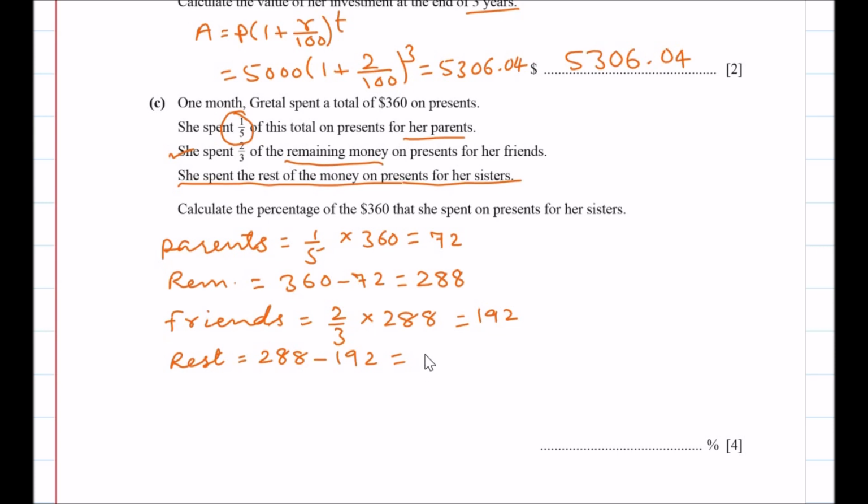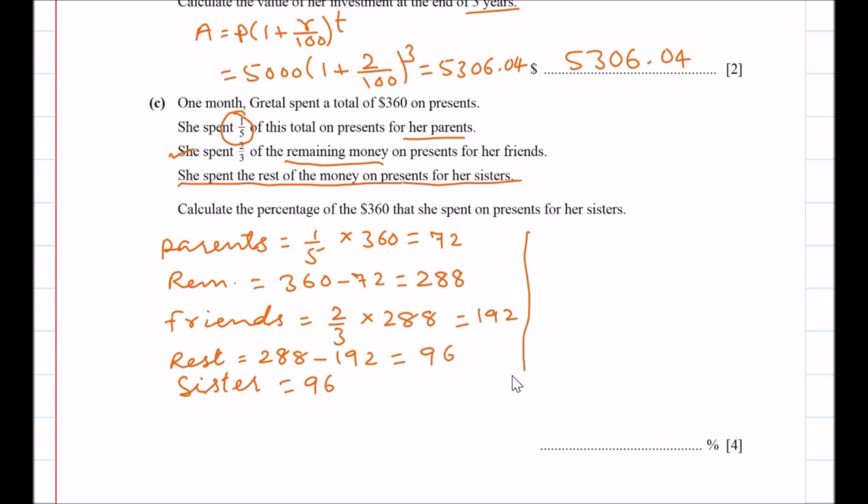That will be 96. Okay. So 96 paid on sisters.